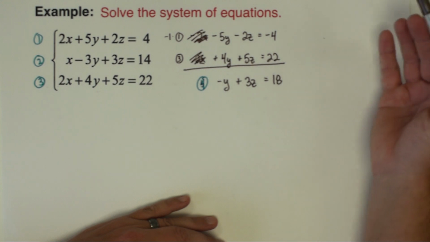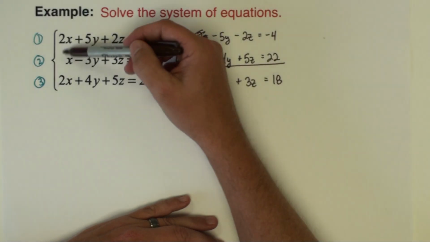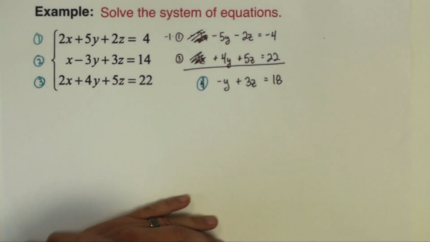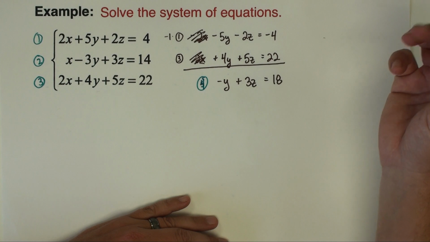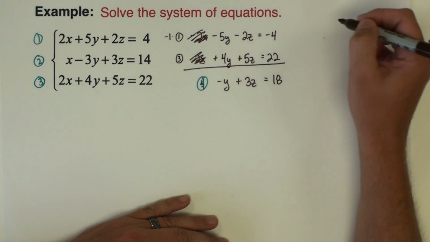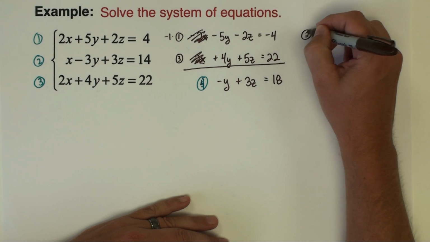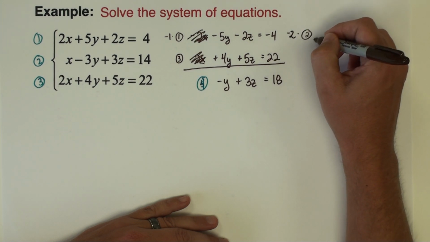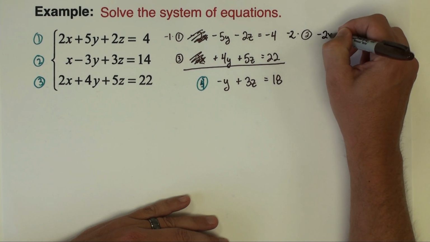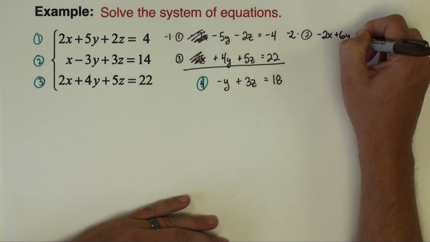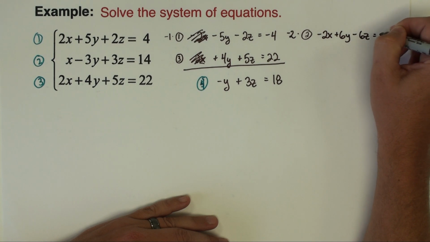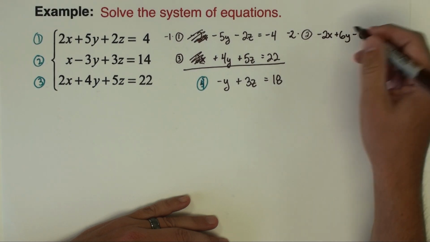Okay, now I'm either going to use the top 2 equations or the bottom 2. It really doesn't matter. You pick whichever ones you want to work with. I'm just going to go ahead and work with the bottom 2. So I'm going to take the second equation and multiply it by negative 2, which is going to give me negative 2x plus 6y minus 6z equals negative 28.